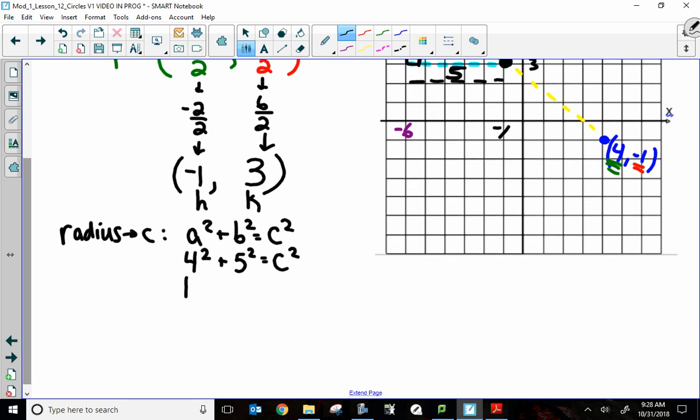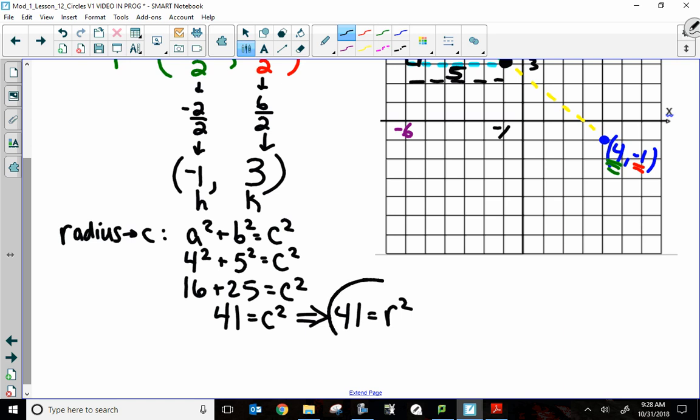That's 16 plus 25 equals c squared. That means 41 equals c squared. Remember, c is the same thing as the radius, isn't it? So basically, I can say 41 is my radius squared.